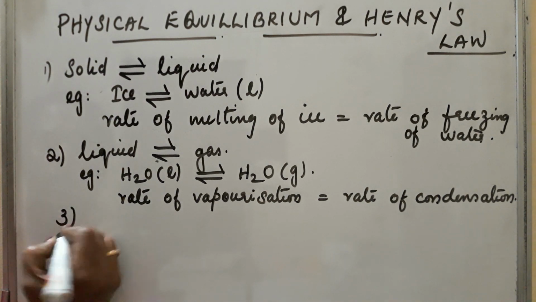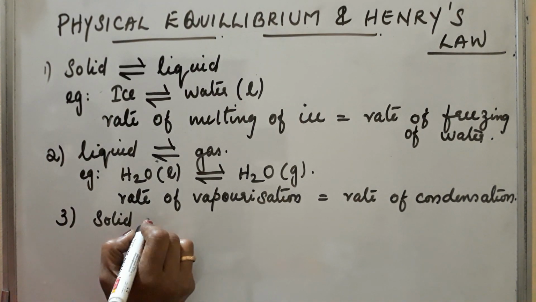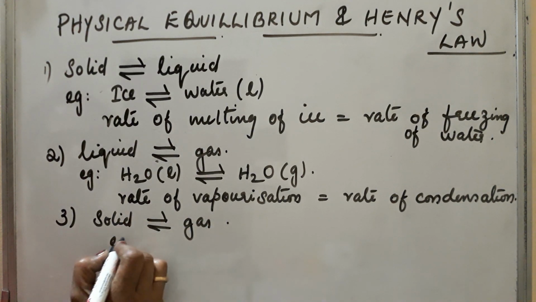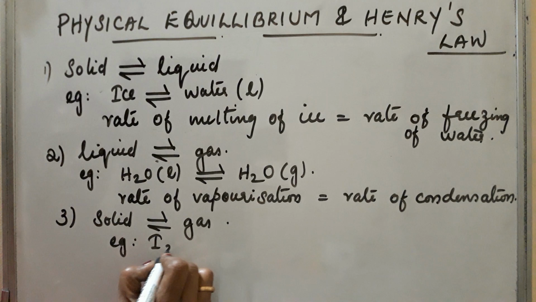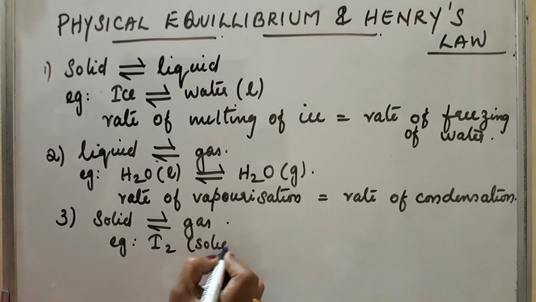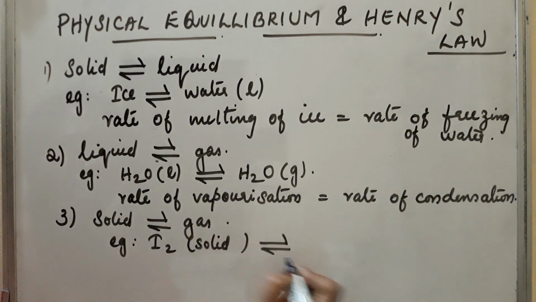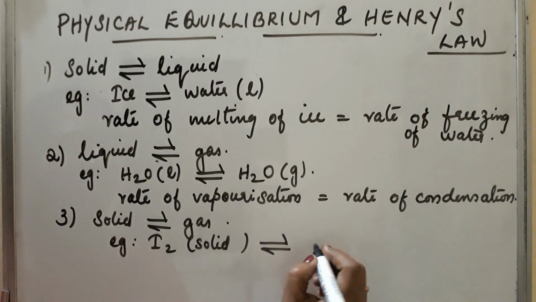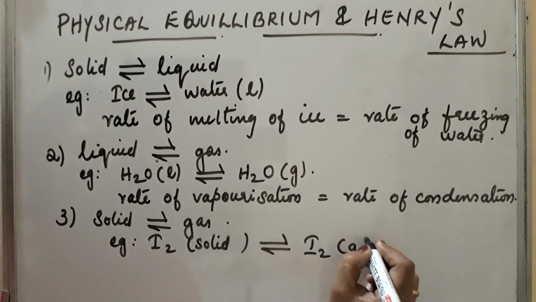Now, the third one, solid-gas equilibrium. For example, if we take solid iodine in a closed vessel, after some time we can see that the violet vapors increase and the intensity of the violet vapors becomes constant. So we can say that solid iodine is in equilibrium with iodine gas.